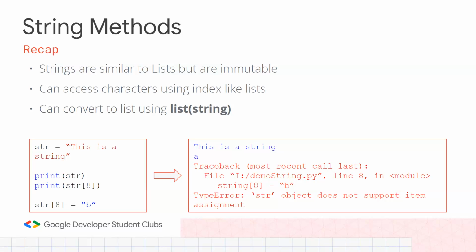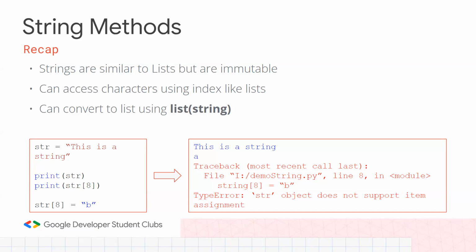If we print, like I said, you can access the characters using the index. So we have the index 8. In this string, the index 8 is an A, and I know that just by printing it. And then lastly here, like I said, strings are immutable. So if you try to change string index 8 to B, we're actually going to get an error. The error is going to say it's a type error because it's a string and we're trying to change a string, but you can't do that.